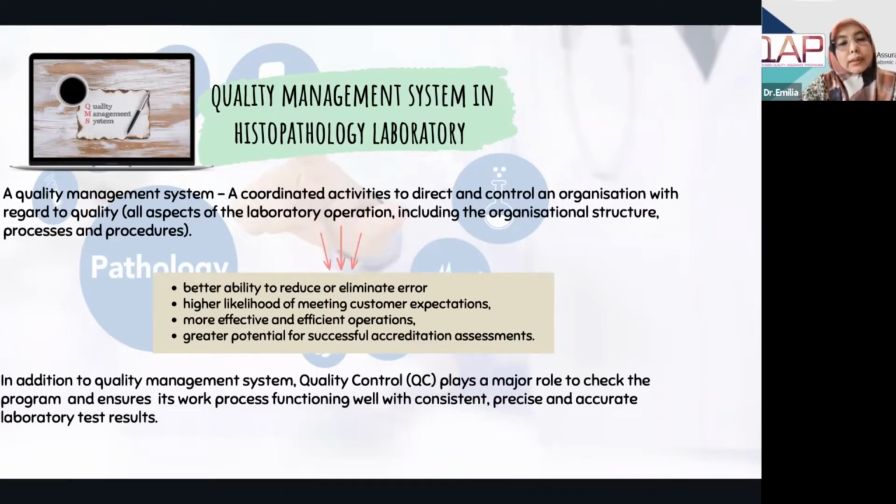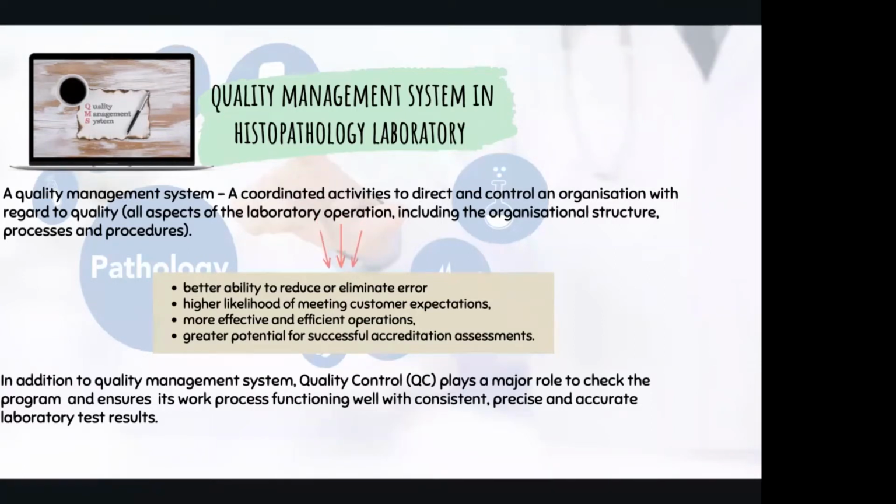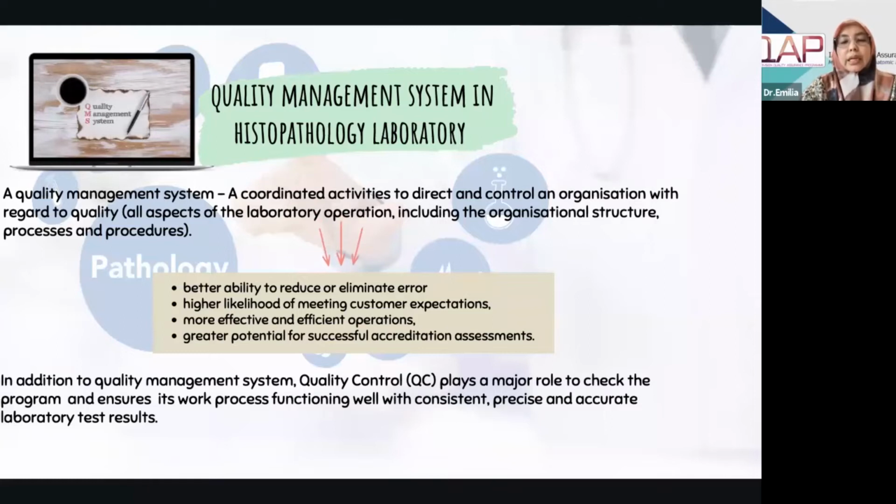So what is the quality management system? The quality management system is the coordinated activities that control and direct an organization with regard to quality. Anything that concerns quality, including all aspects of the laboratory operation: your organizational structures, your operations, your processes, your procedures, everything related to quality comes under the quality management system.